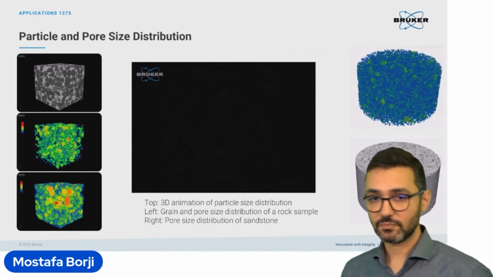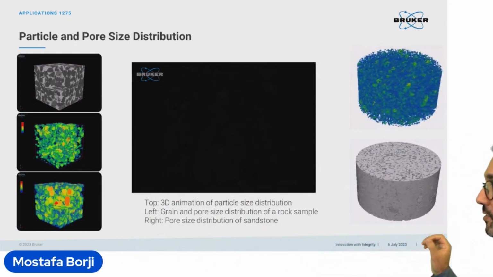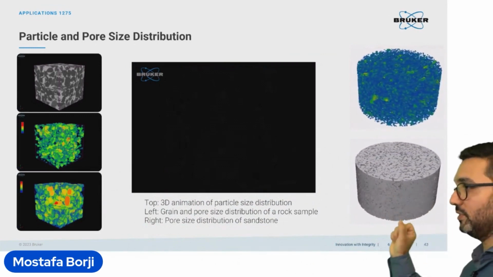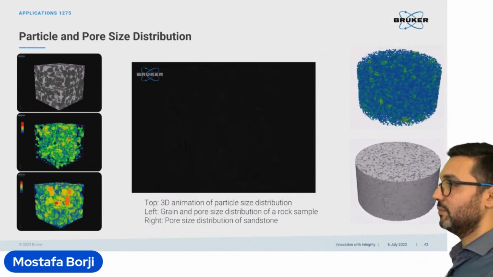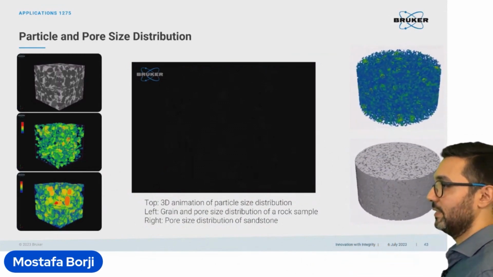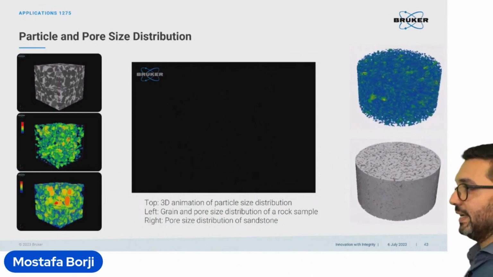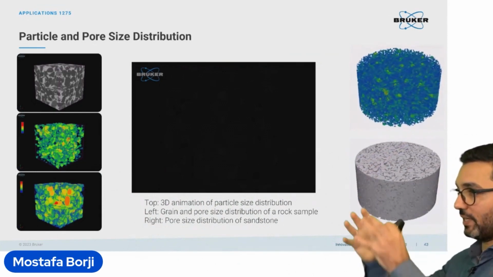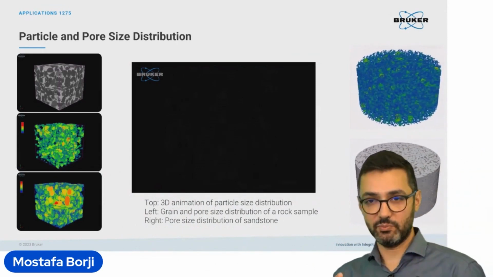And on the right-hand side, we do have a pore size distribution being shown in 3D. So here, this is a 3D rendered volume of the sample. You see how it looks. This is actually the digital twin of the sample, and the upper part is the extracted pore network and the measured one, in terms of the size of the pores.